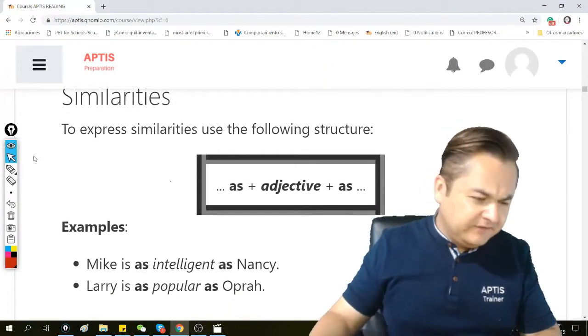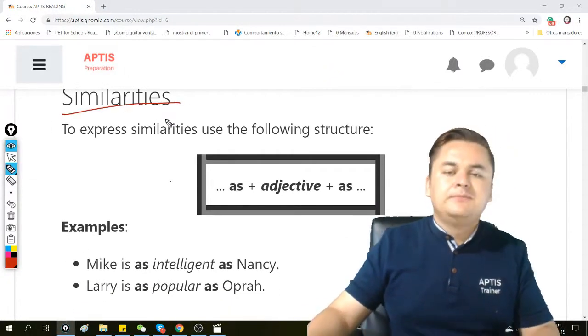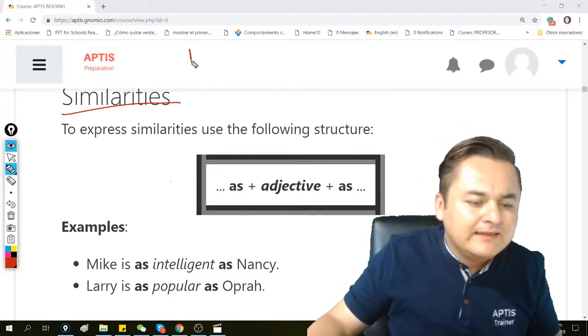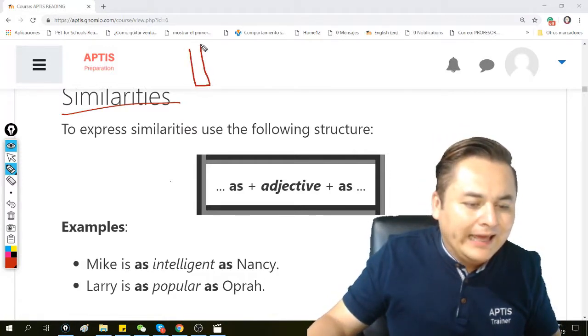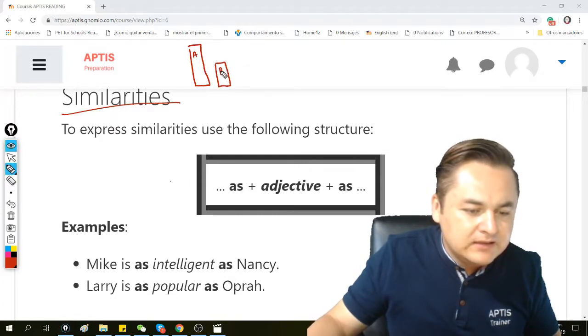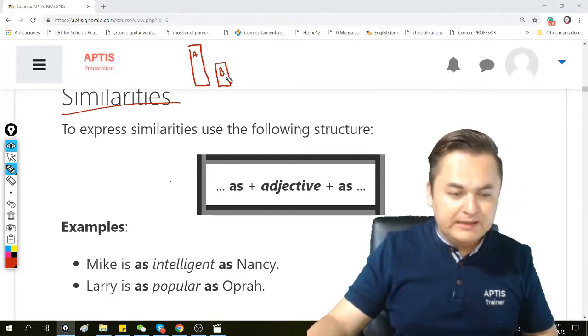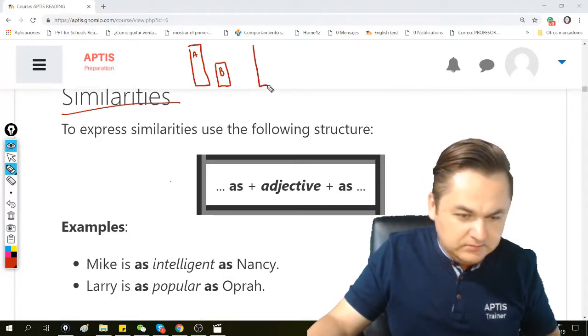And finally, if you have similarities, I just want you to remember, in this case, I'm going to compare A versus B to say that A is bigger than B. Taller, wider, the way you want to express it.